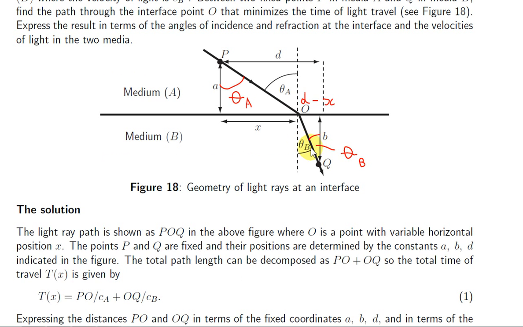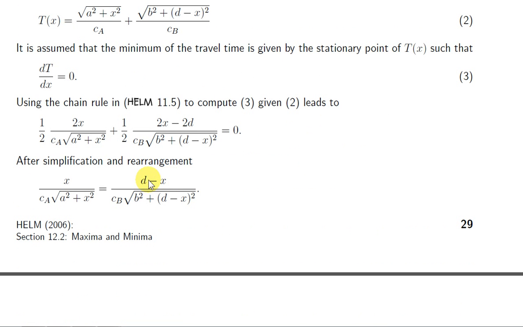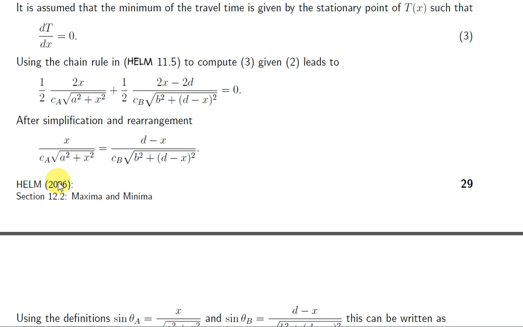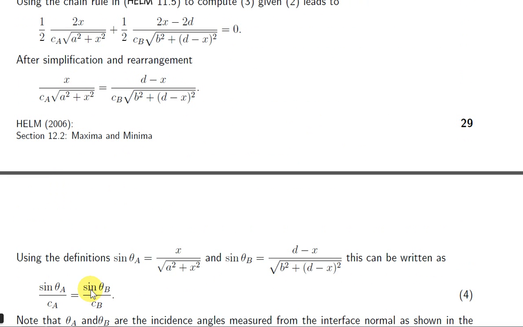Now here we have a pair of z angles. Again, this is theta b. The sine of theta b is opposite, which is d minus x, over the hypotenuse, which is OQ. And that's exactly what we have here. So d minus x is the opposite and OQ is this square root quantity. So we can replace all of that with sine of theta b. So we'll end up with sine of theta A over CA equals sine of theta b over CB.